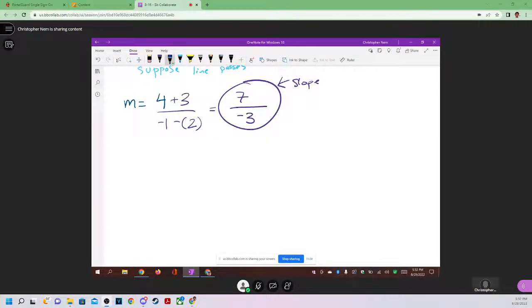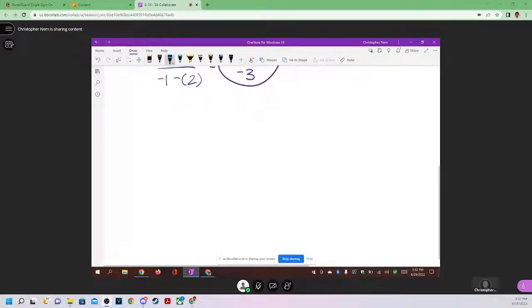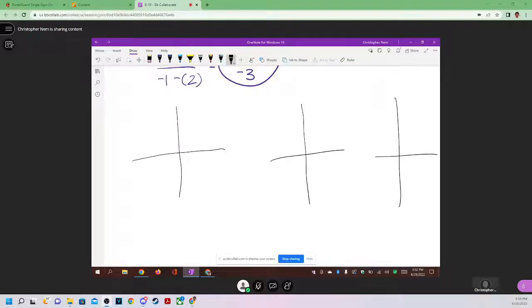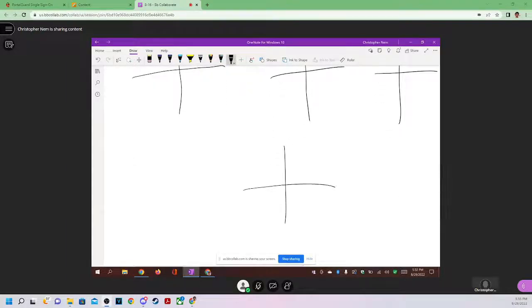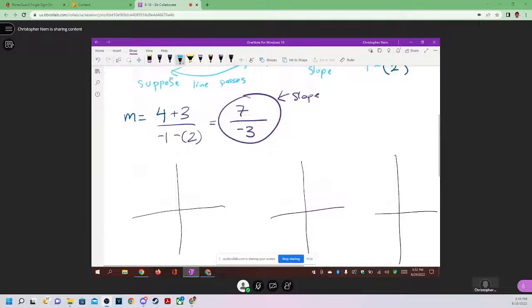So we got to talk about how slope looks graphically. If I have a graph, let's use black. We're going to have 4 graphs in total, so I'm going to draw the last one down here. If you have a positive slope, let's say m is positive, this graph is the xy plane, your x and your y.